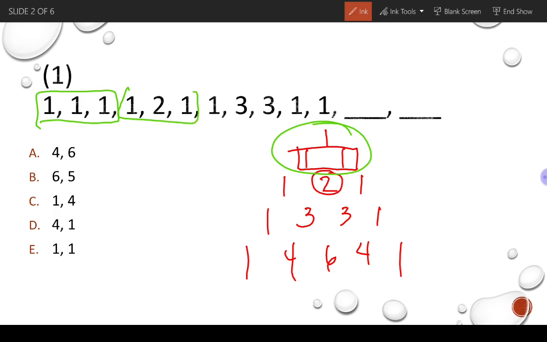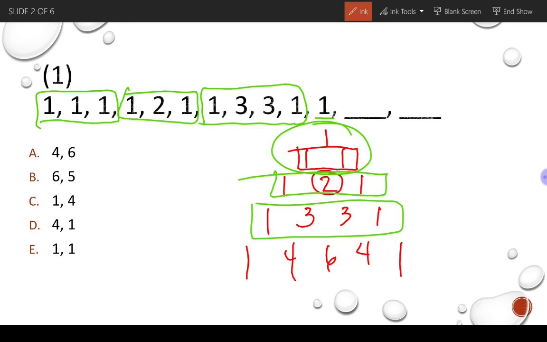And then 1, 2, 1. This is the third row. And then the 1, 3, 3, 1. Ito yun. And then we have 1, 4, 6, 4, 1. Ito. So ibig sabihin, the next terms for this series is 4 and then 6. So 4, 6 is letter A.